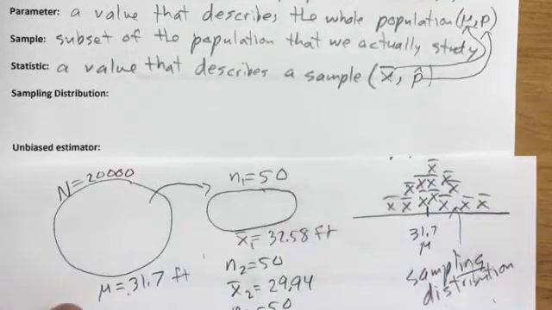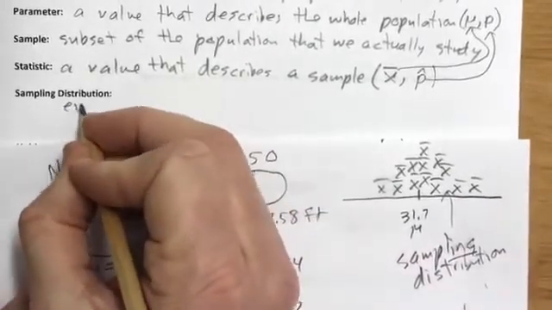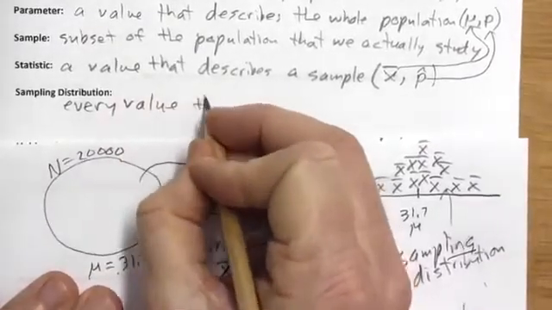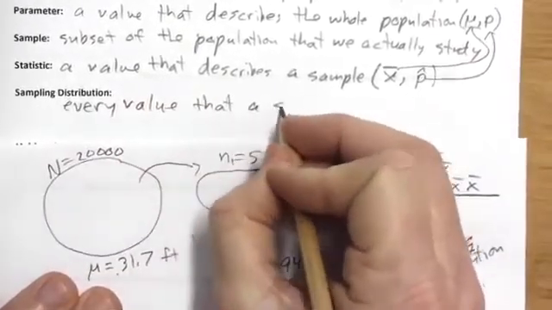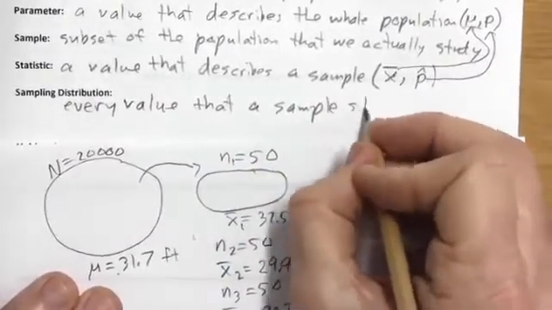And so what is a sampling distribution? It is every value that a sample statistic can take in repeated samples of the same size from the same population.